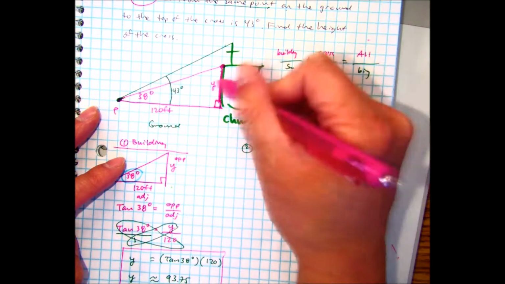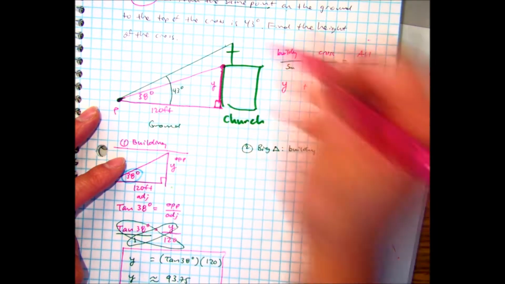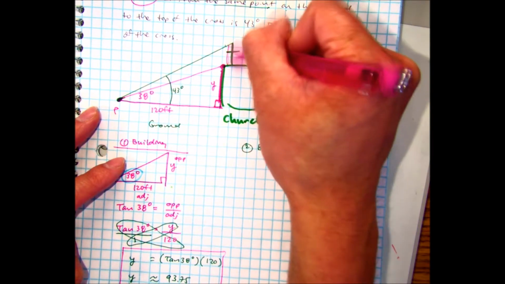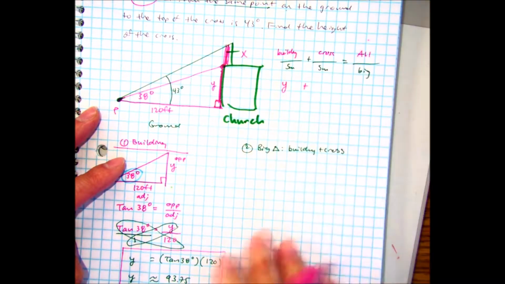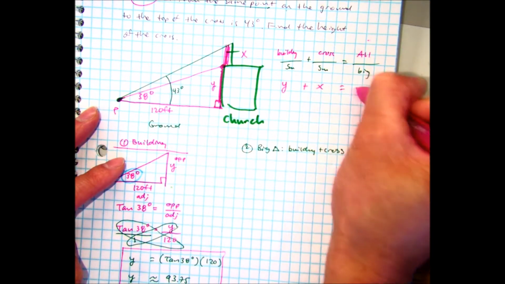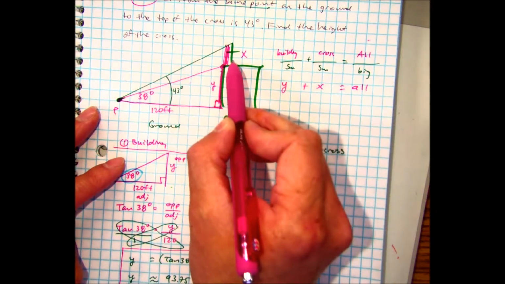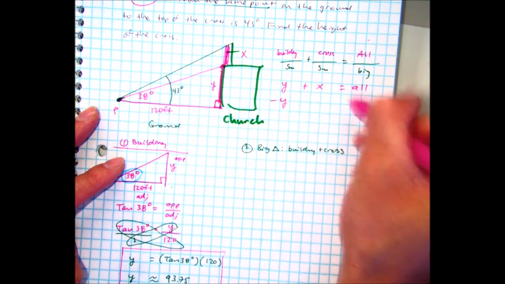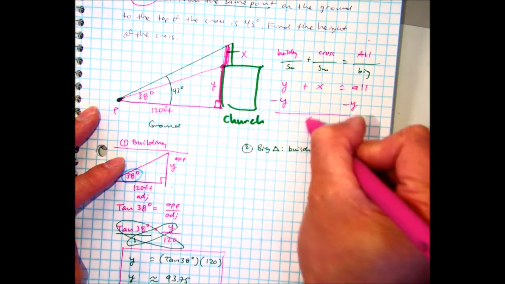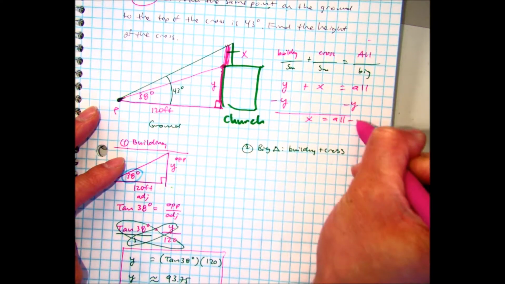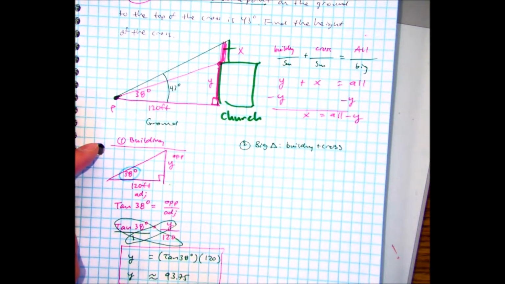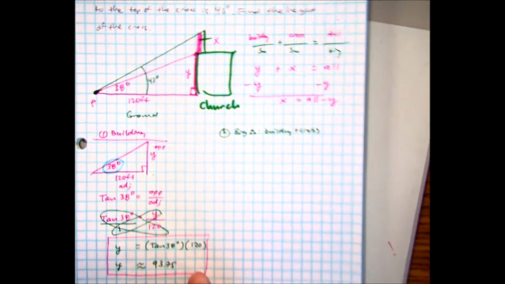And the building we called variable y. We'll call the cross, this length here, x. So y plus x equals all of it. Does that make sense? And if we're only trying to find the cross, if I subtract y, x is equal to all minus y. Okay, so that is a big picture idea of what we're doing.